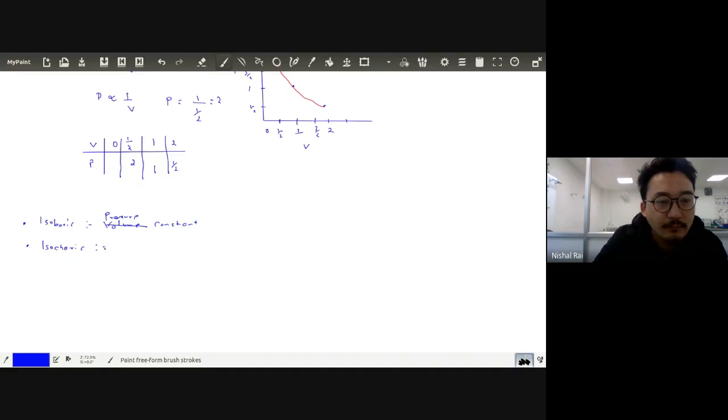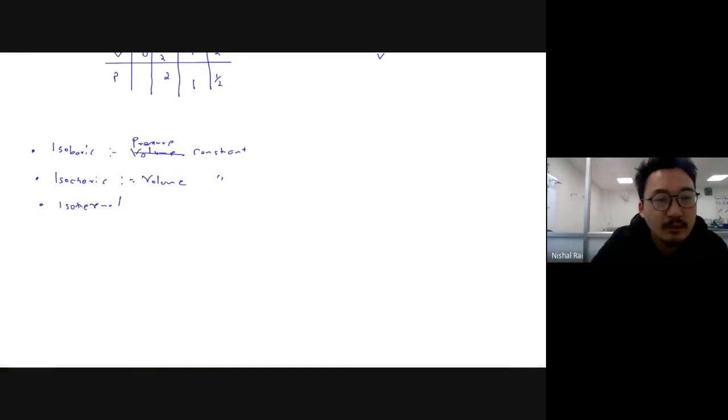For isochoric, volume was constant. And the third one was isothermal. In the isothermal process, what was constant? Your temperature was constant. Now one more process is there, that is called adiabatic.